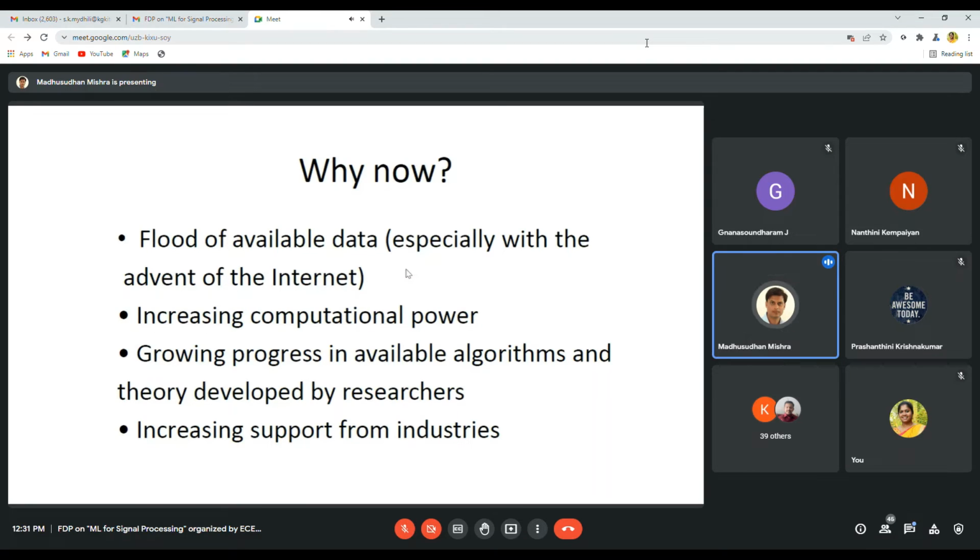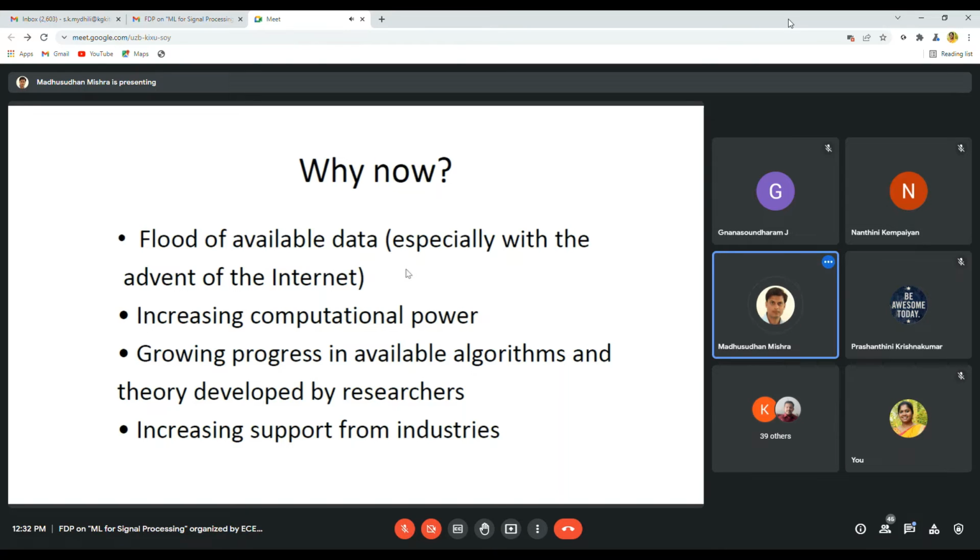Then why is machine learning required? We already discussed that we have a flood of available data, especially with the advent of the internet. Google and search engines have to use a lot of data. Because of advancements in VLSI, we have increasing computational power of machines. There is growing progress in available algorithms and theory developed by researchers, and increasing support from industries.